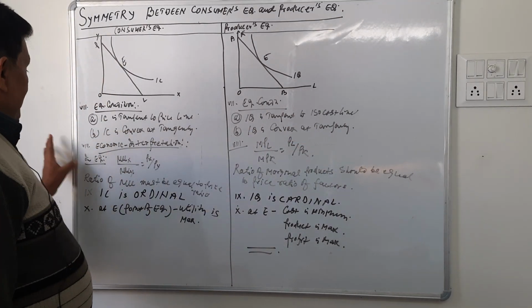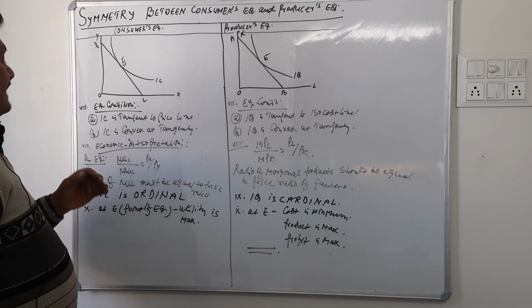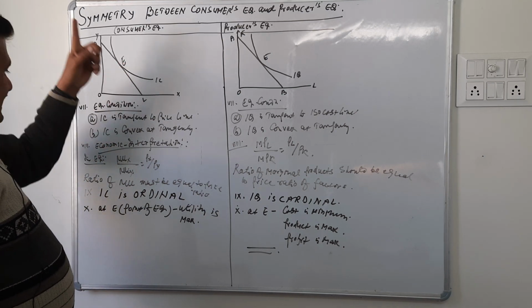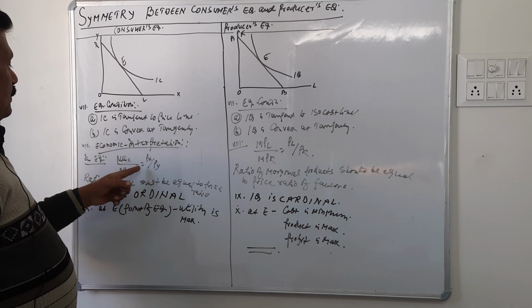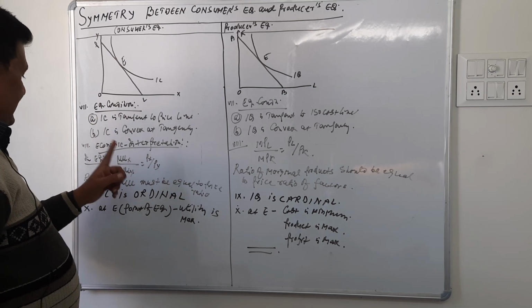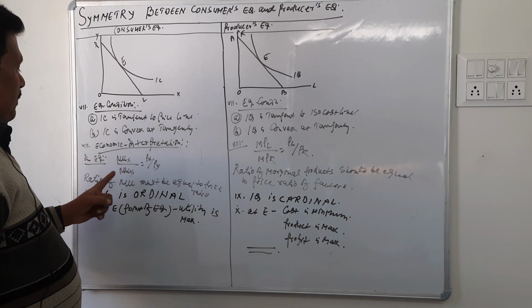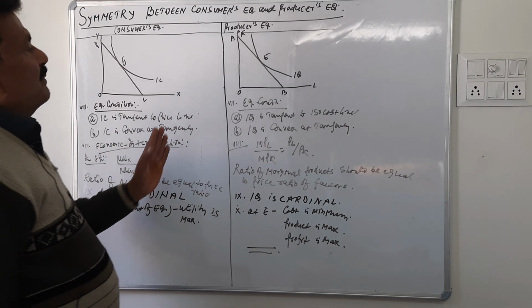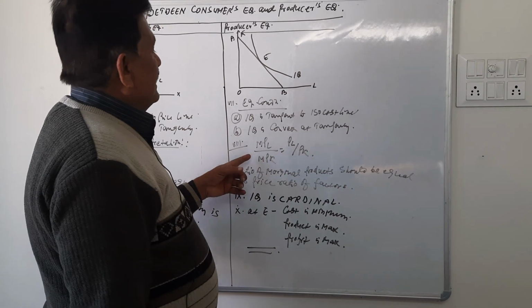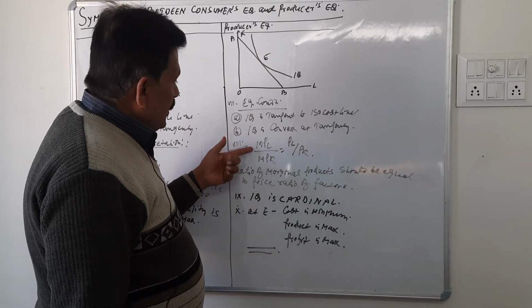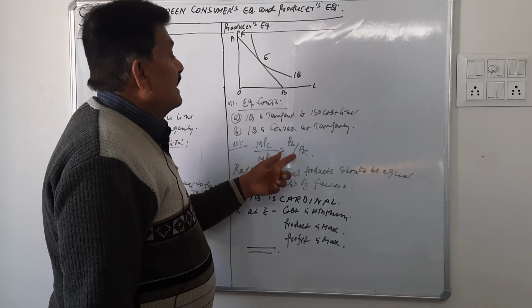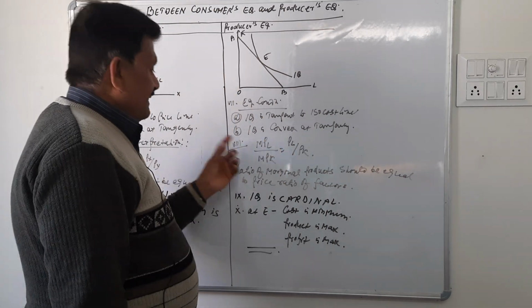Now, what is the equilibrium condition and its economic interpretation? The equilibrium condition says that at point E, MUx/MUy equals PX/PY, that is, the ratio of marginal utilities must equal the price ratio of goods. In this case, we express the equilibrium condition as: the ratio of marginal products of the two factors must equal the price ratio of the two factors.